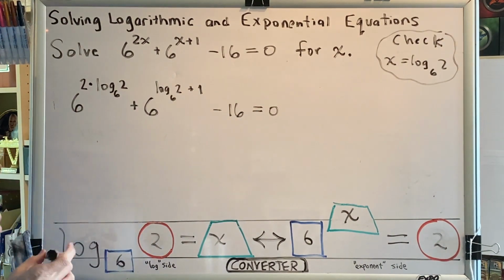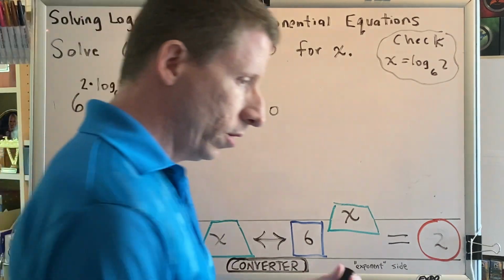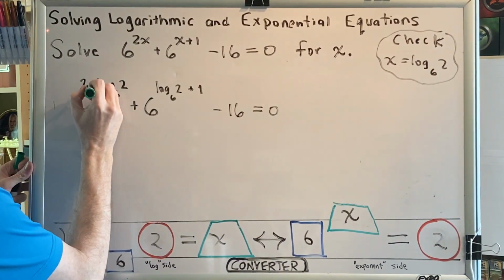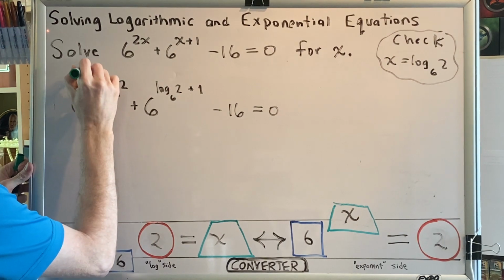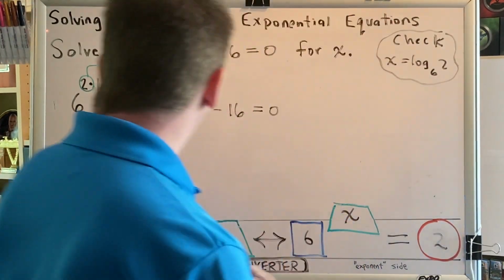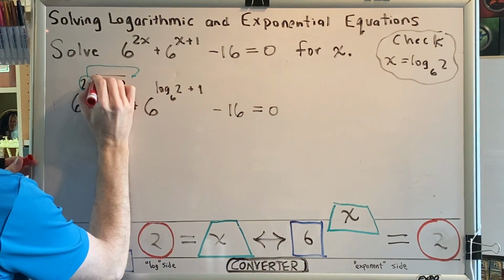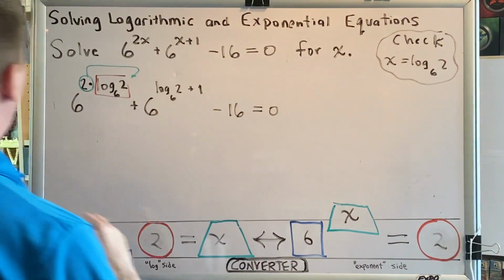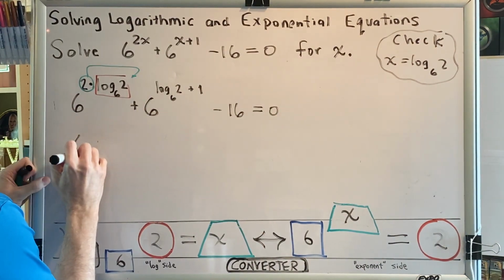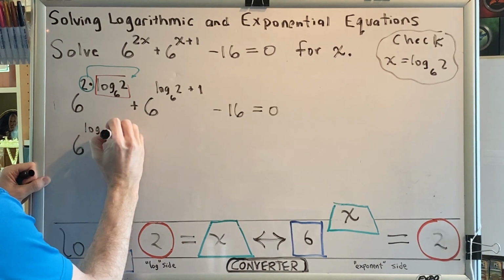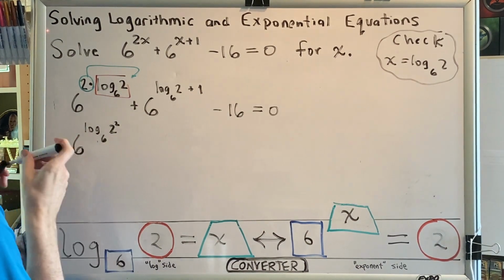Alright, so we have a couple of ways that we can proceed here, but the way that I'm going to choose is to use Rule 9, which allows me to take this 2 and move it inside the brick of my logarithm so that it becomes the exponent of the argument. Therefore, I'm going to have 6 raised to the log base 6 of 2 squared.